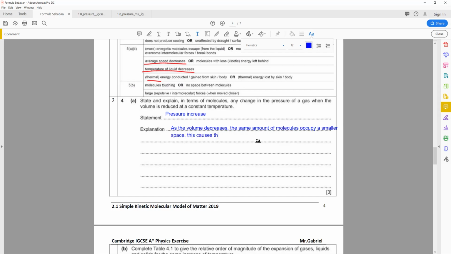This causes the rate of collision of air molecules against the walls of the container to increase, ultimately increasing the force per unit area of the wall.